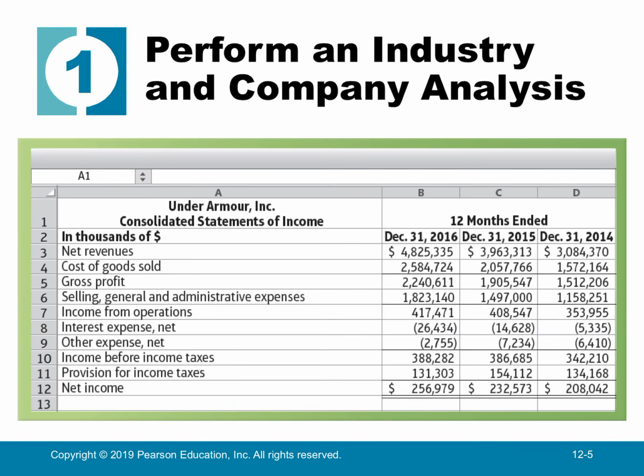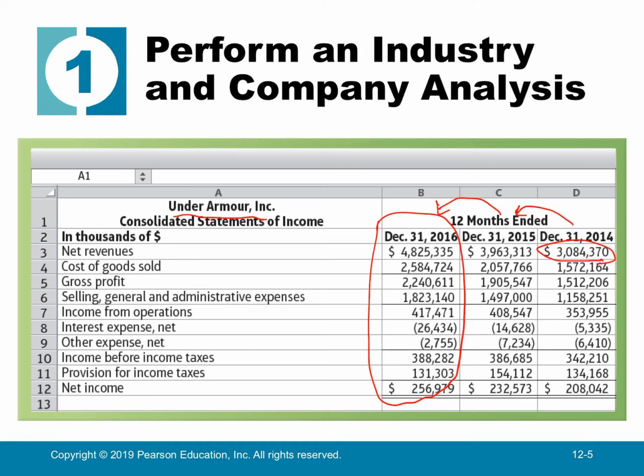The first step is, in this case, we're looking at Under Armour. The important concept here is that we're looking at Under Armour from one year to the next. Again, it's relative. What is their performance in 2016? If I only look at 2016, it doesn't tell me much. But if I look at the previous 2 years, I can see that revenues have grown consistently.